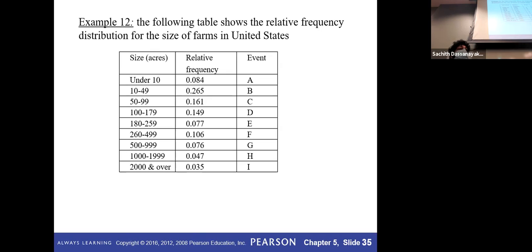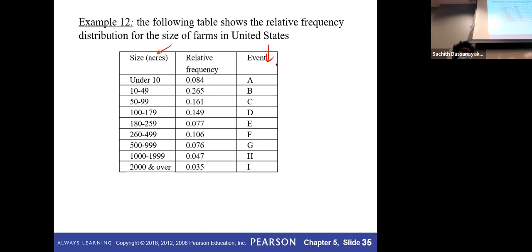They have considered acres as discrete numbers. In general acres are continuous, but here they are treated as discrete. That's why we have 10 to 49, then the next one starts from 50, with a gap because they have distinct values. The events are mentioned in this column.